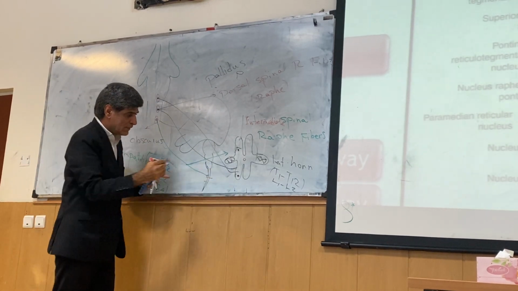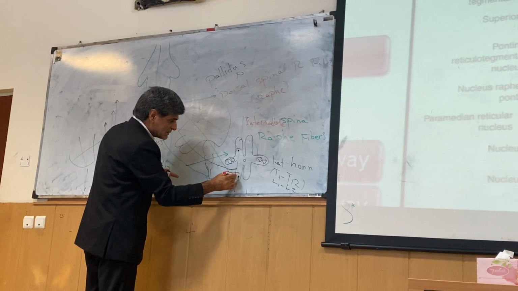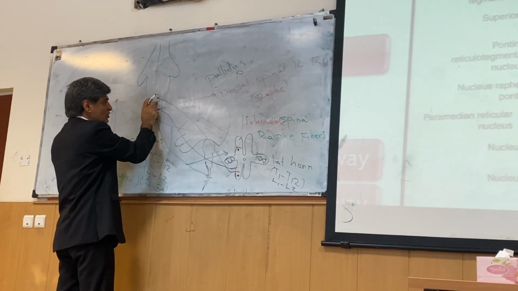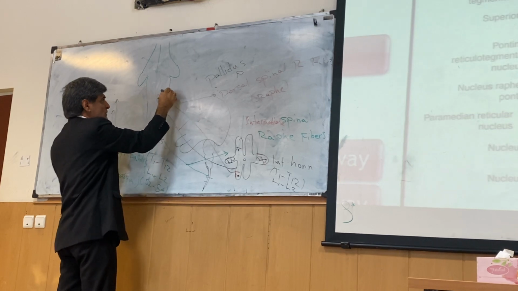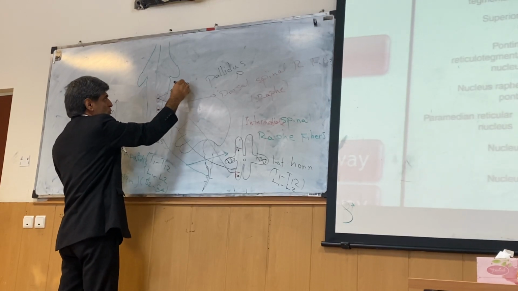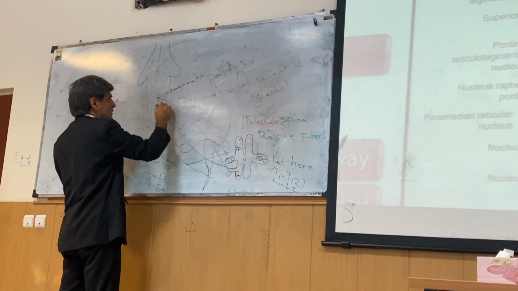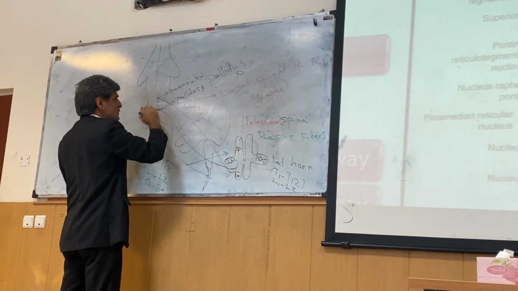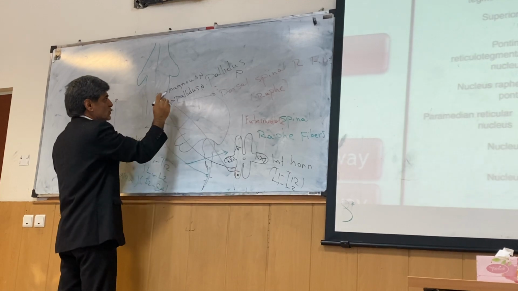Synaptic by which part? Anterior horn. Function is distract, origin from magnus nucleus, pallidus nucleus, and abscurus.